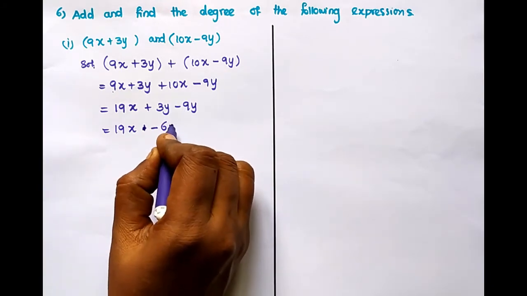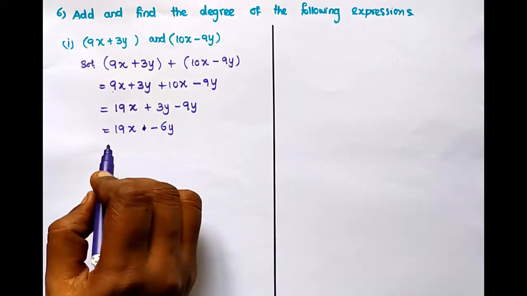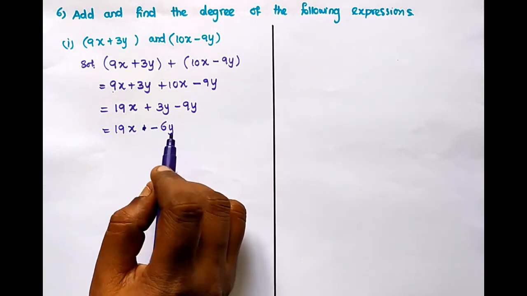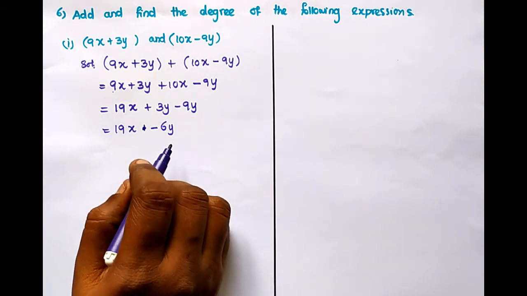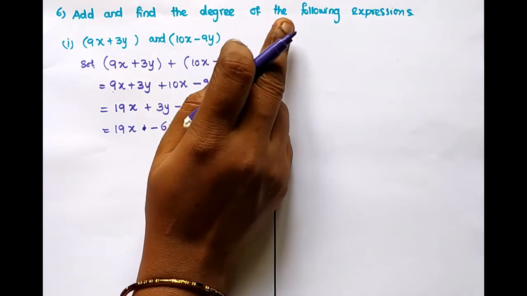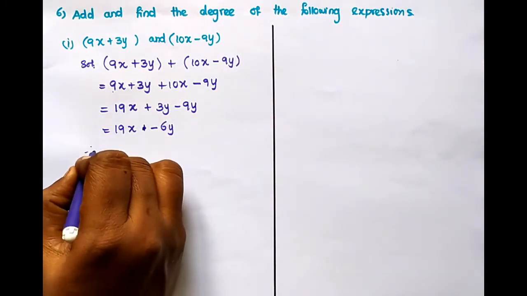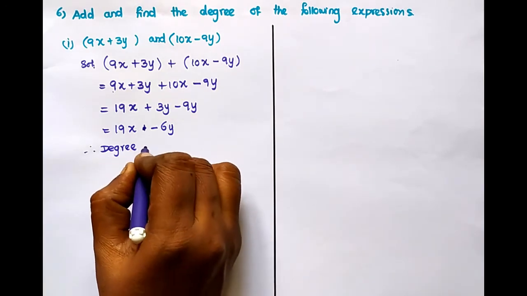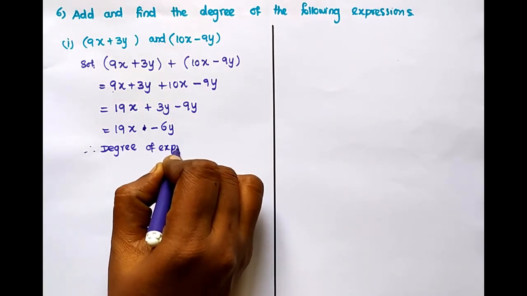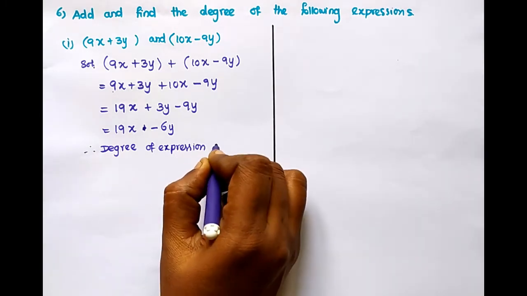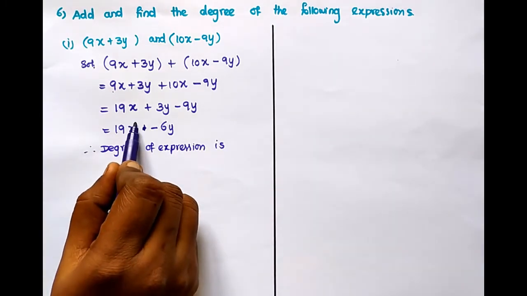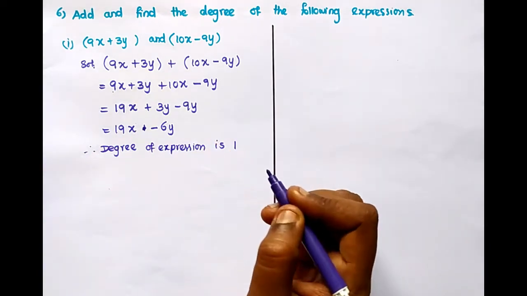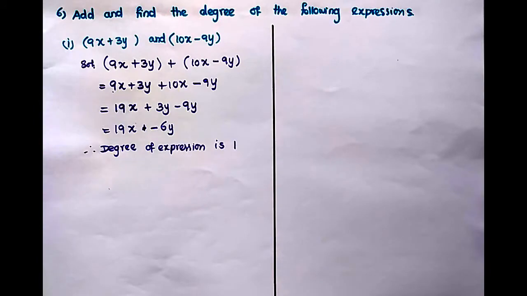Which term? Y term. Okay, so 19x minus 6y is the answer. And then what do they ask? Find the degree of the following expression. The degree of the expression is, what is that? 1 only. In this term 1, here also 1. So 1. That is the answer.